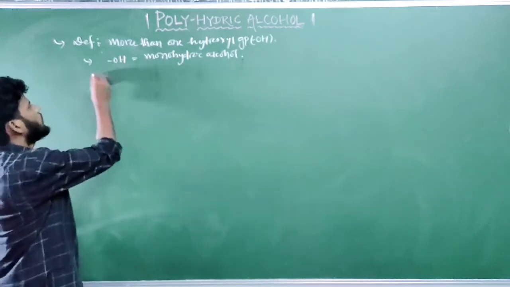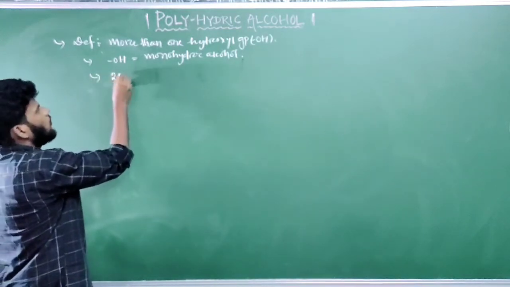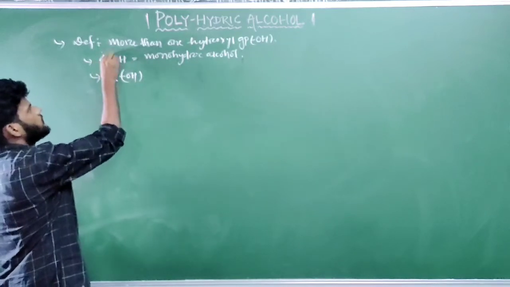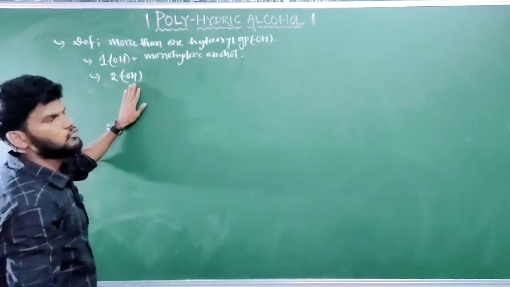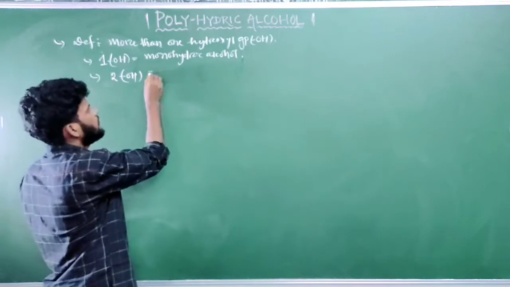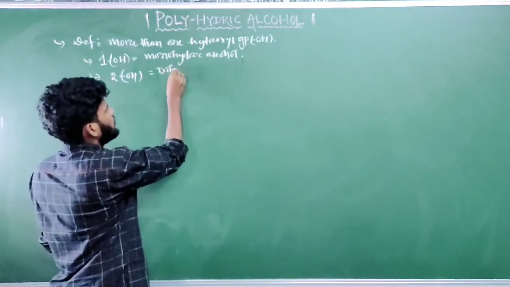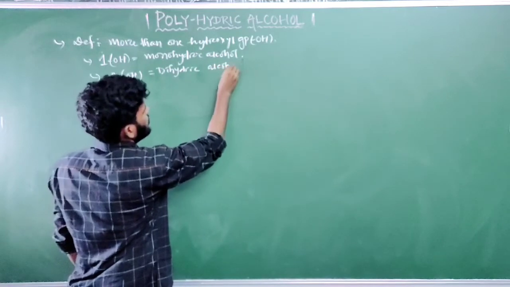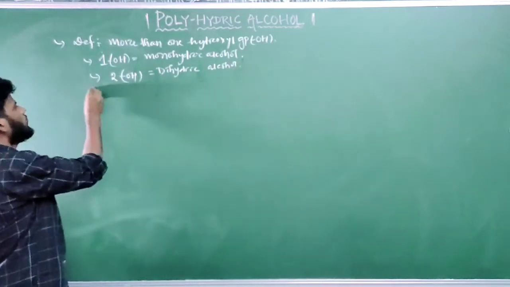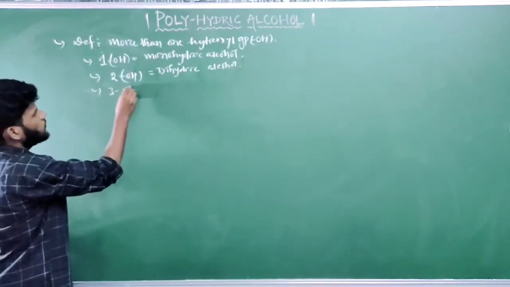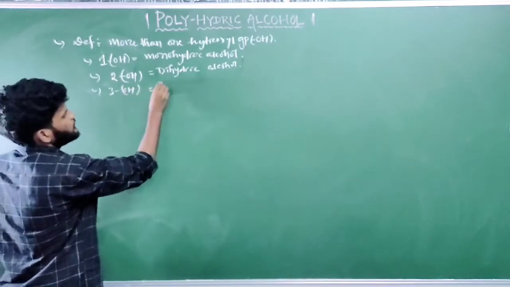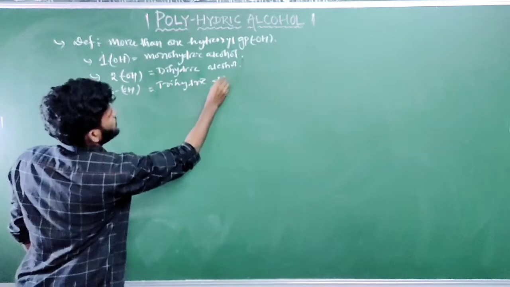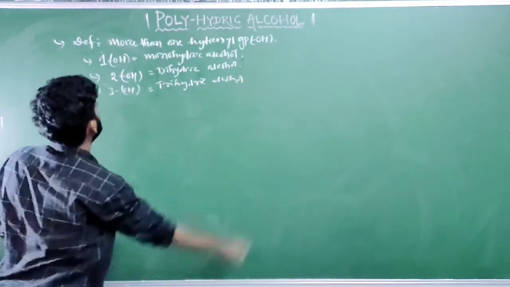If in a compound there are two OH groups, then we call it dihydric alcohol. If there are three OH groups, then we call it trihydric alcohol, and so on and so forth.